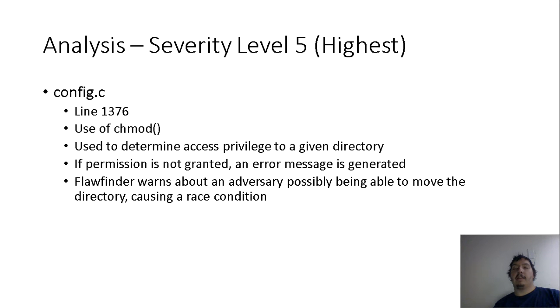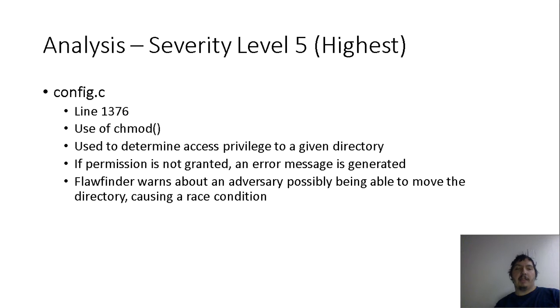Our first hit is in the config.c file with the use of chmod. What this function does is it grants read and write privileges to a particular user or group. The problems with that function are several, and should be kind of obvious, especially if the calling function has set UID access.